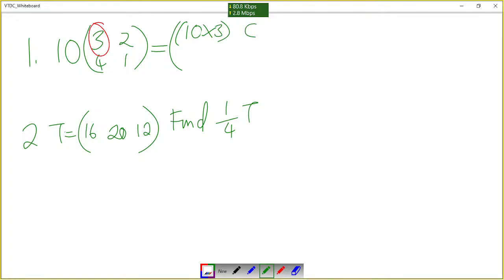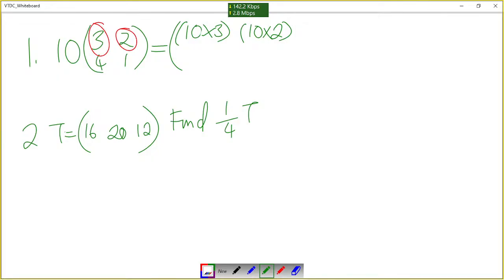Again, you open a smaller bracket inside. Then you multiply 10 by these two here. Then you say times 2, close bracket.